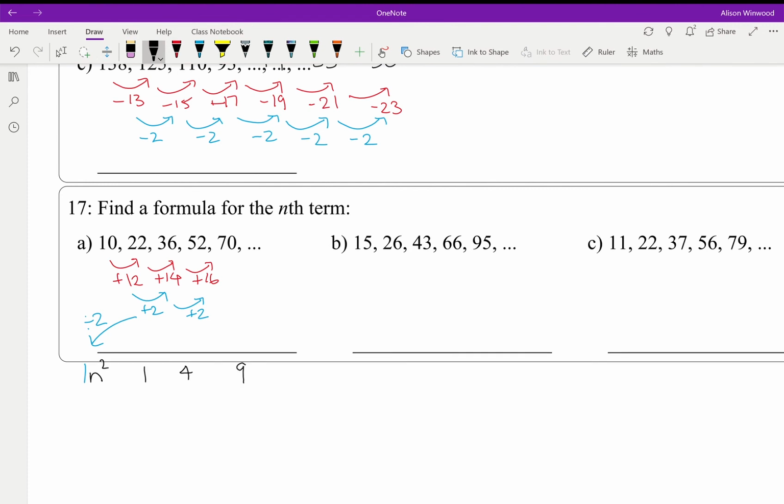But my actual sequence is 10, 22, 36. How do I get from the square numbers to the sequence? So I need to add 9, then add 18, then add 27. And these green numbers have an nth term of 9n plus 0. So the nth term of the whole thing is 1n squared plus 9n plus 0.